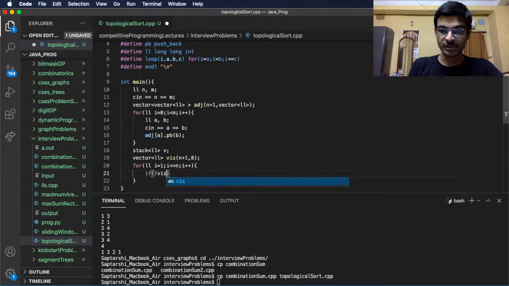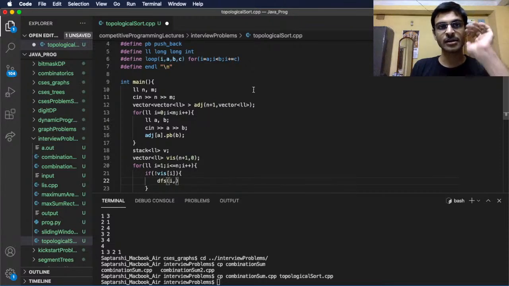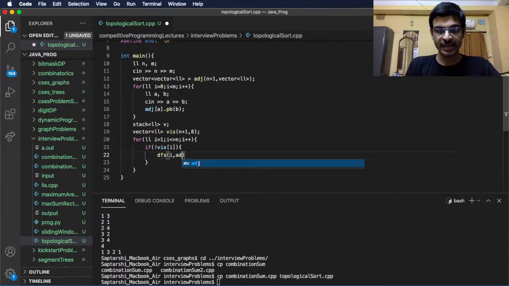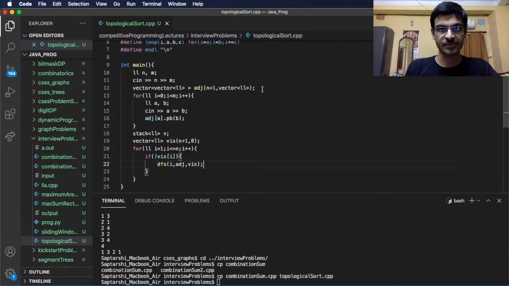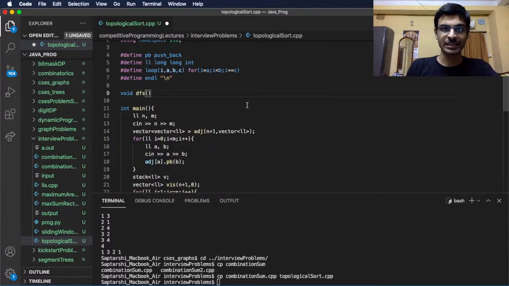If it has not been visited, visited of i, then do DFS at node i. We will take the adjacency list, and we will take the visited one and nothing else. Now we can proceed over here, and we can say void DFS and these things.